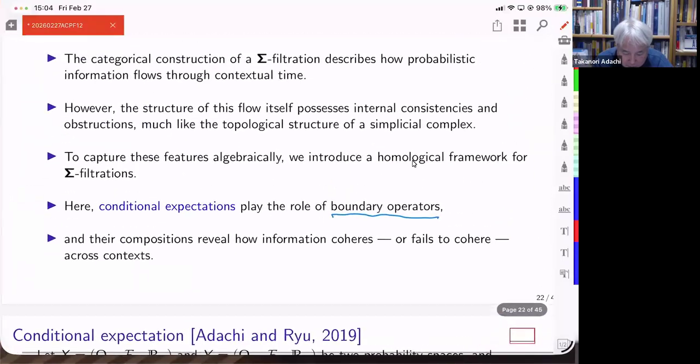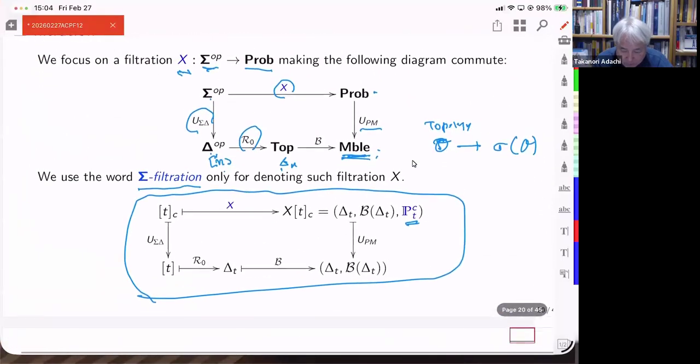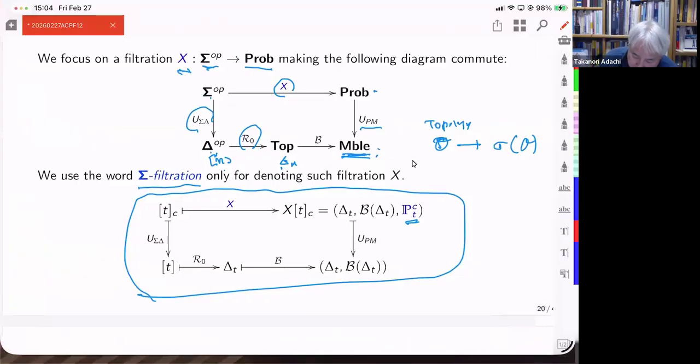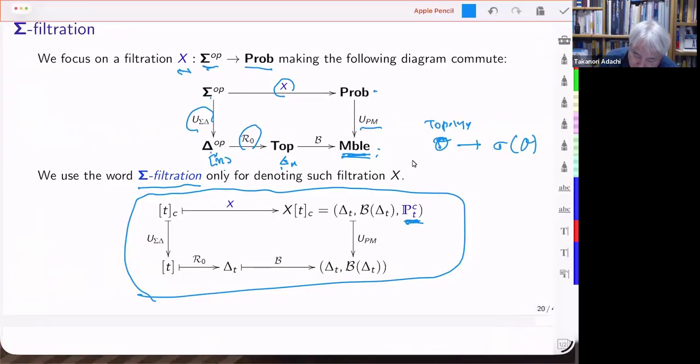All we need is, I'm sorry to say, to go back. The blue one is not specified, but the others are already specified. So all that remains is to specify the probability measure for each time t with context c.